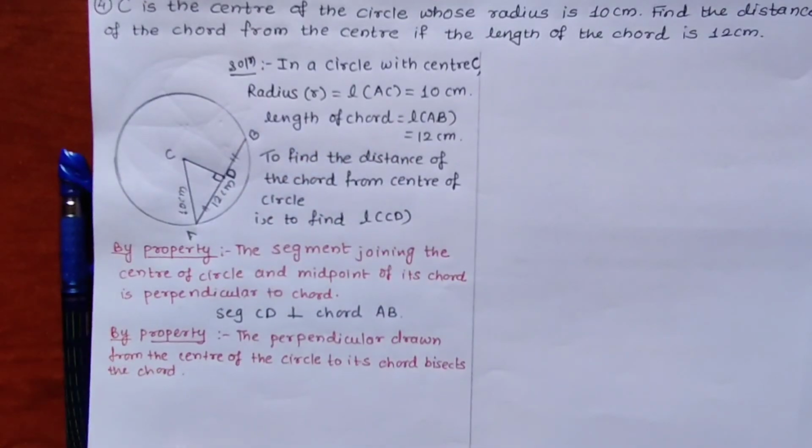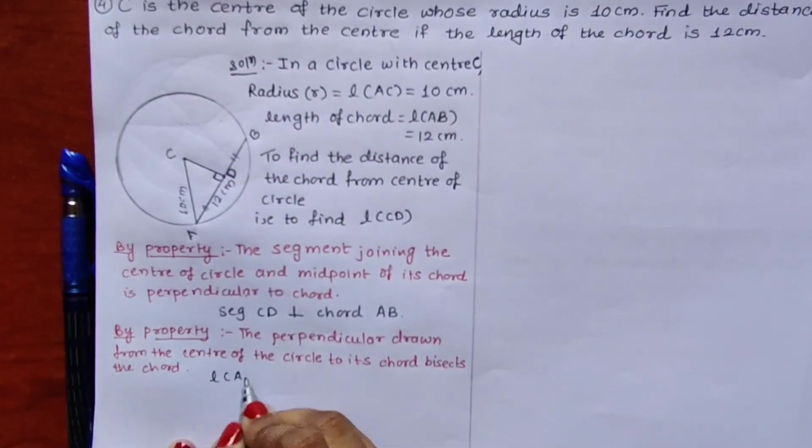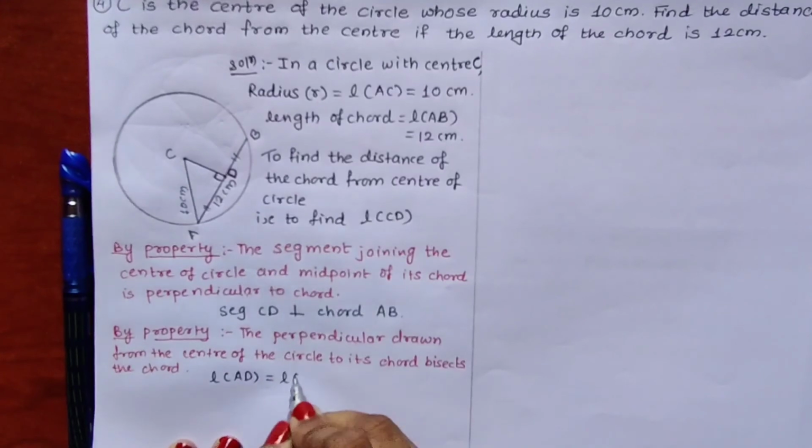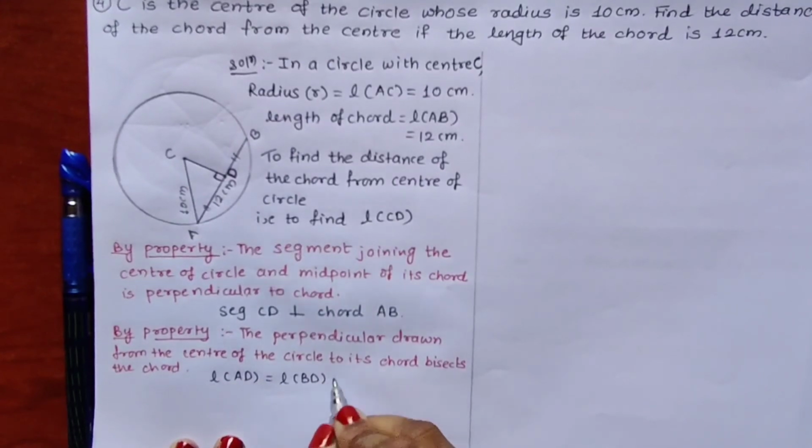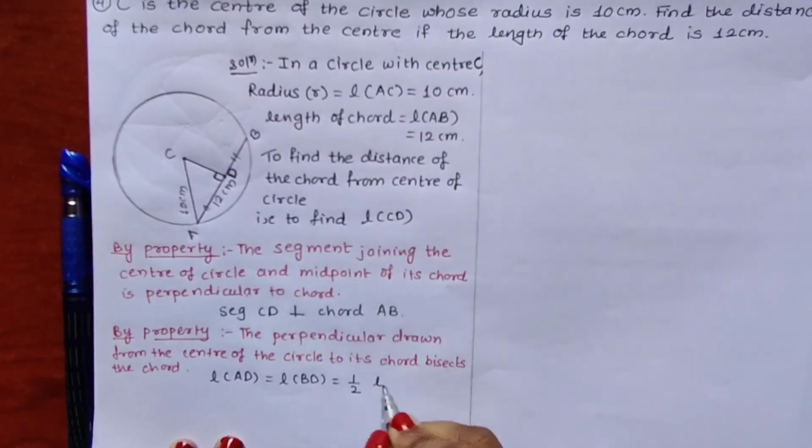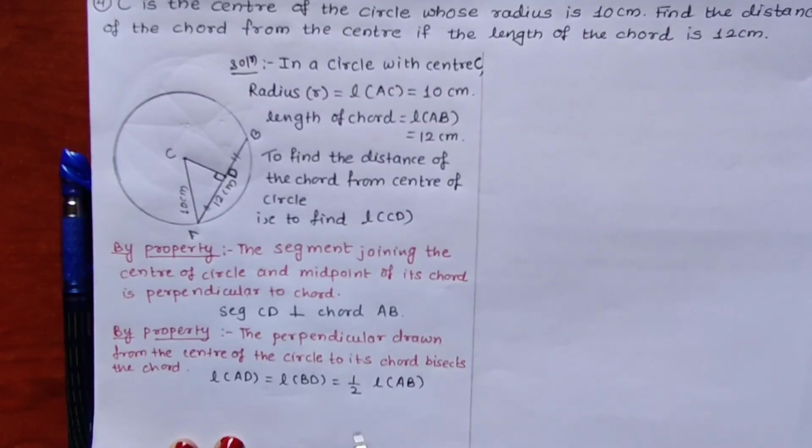So we write length AD is equal to length BD, and they both are equal to half of length AB. AB is 12, so half of 12 is 6 centimeter. So AD is equal to 6 centimeter.